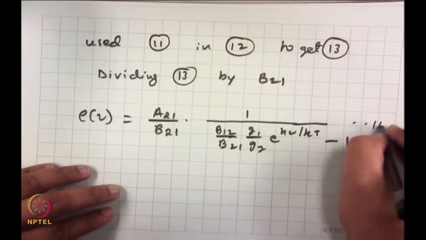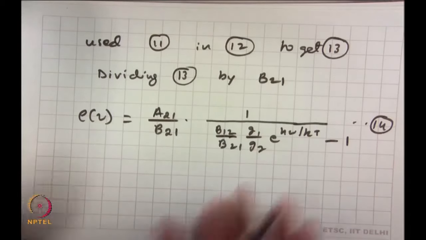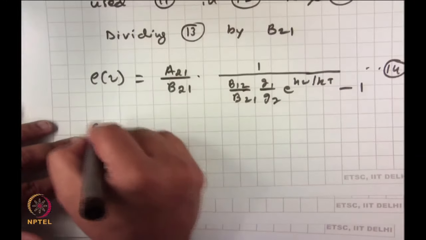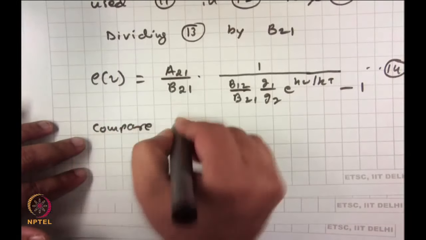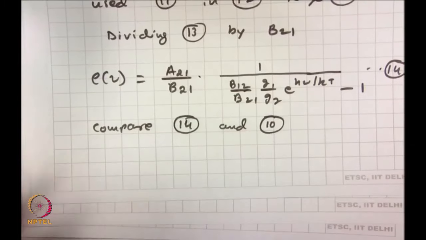This is equation number 14 for me. See, is this okay? I have just put in 1 by dividing throughout by B21. Okay. Now what you do is compare 14 and 10.